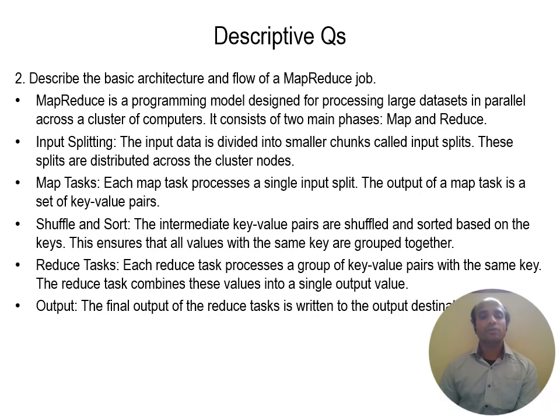The second question is: describe the basic architecture and flow of a MapReduce job. We first need to detail what MapReduce is. It's a programming model designed for processing large data sets in parallel across a cluster of computers, and it consists of two main phases, map and reduce.